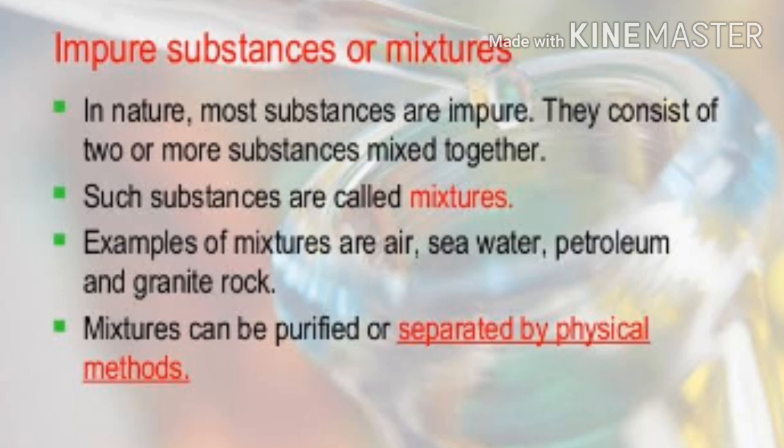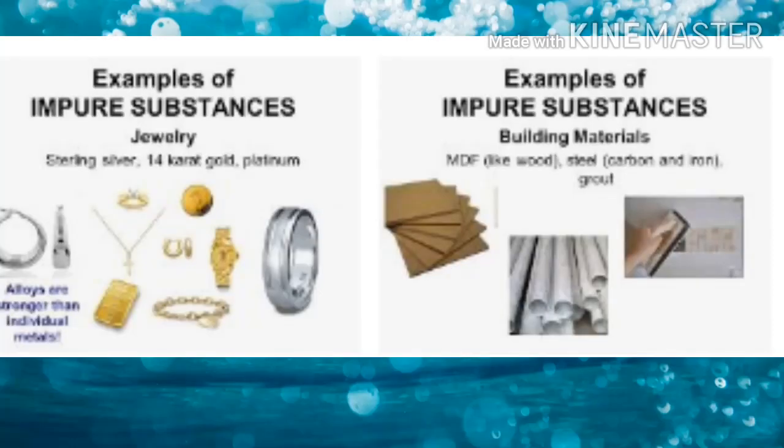A mixture contains two or more pure substances mixed together and is also called an impure substance. For example, milk is a mixture of water, fat, and protein, etc. So these come under impure substances.